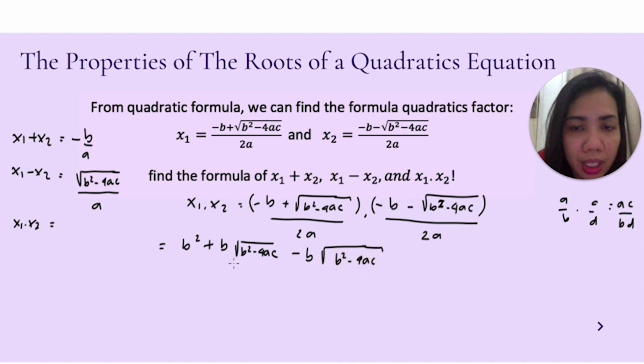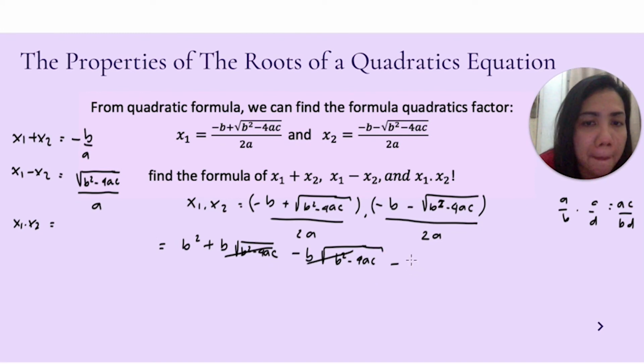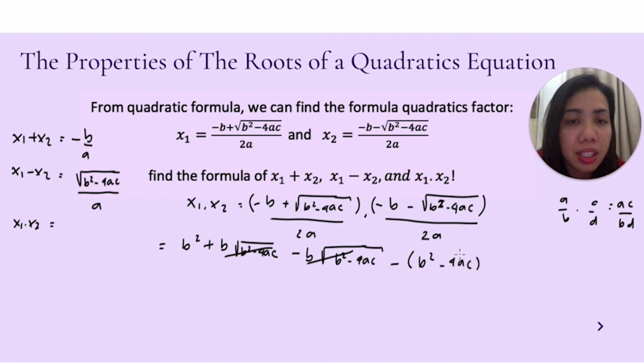Then actually we can simplify this to become 0, and then here the square root of this times minus the square root of this, it is minus. We just take out the square root, minus b squared minus 4ac, because we have the same thing here, so the square root will disappear.